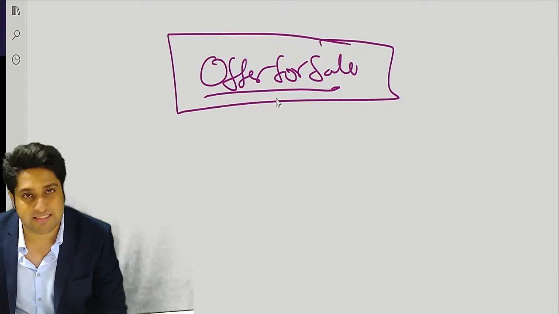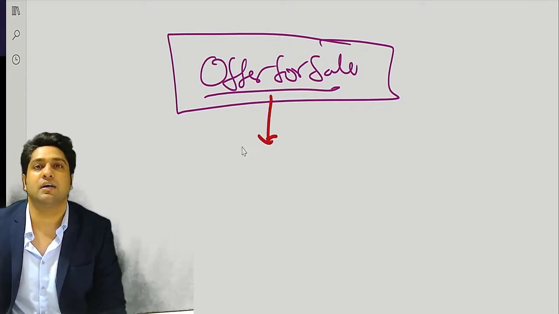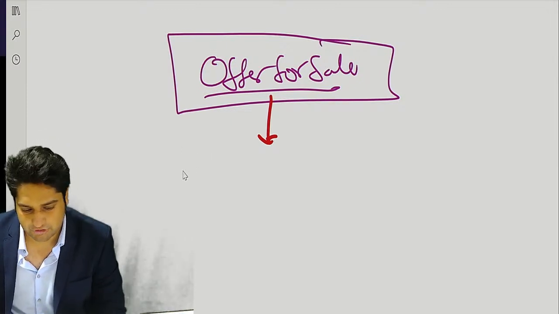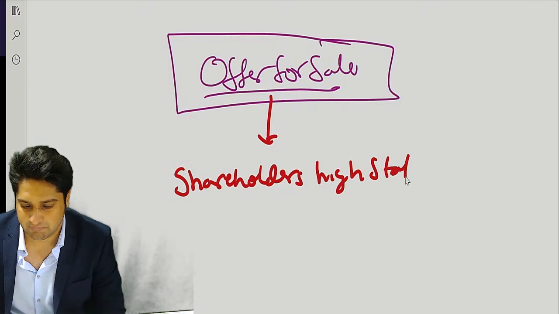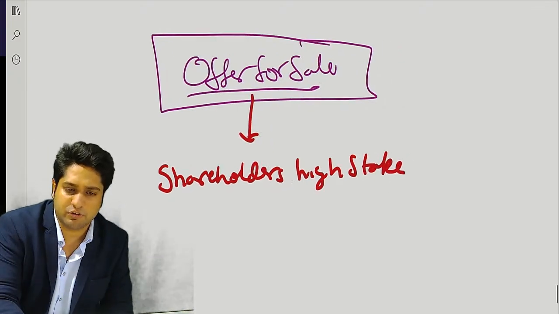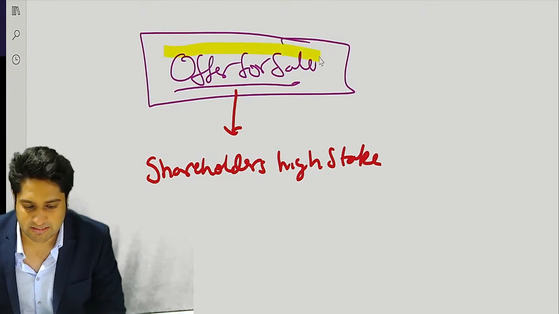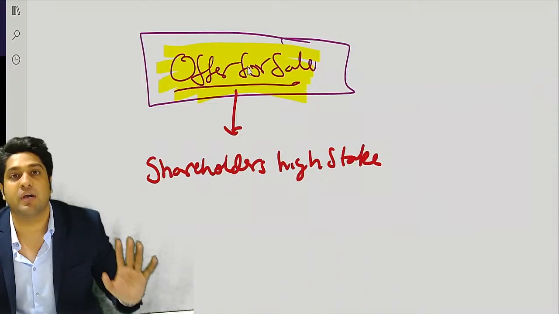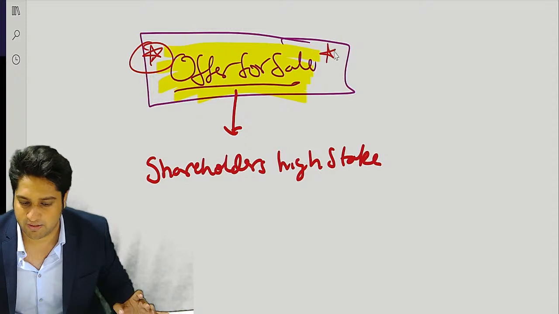Now offer for sale is very simple. Normally when you have some shareholders who have a high stake in the company. First I'm giving you the general meaning of offer for sale, then you understand the law behind it.